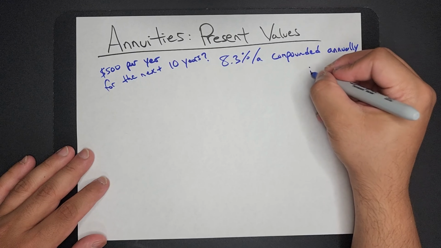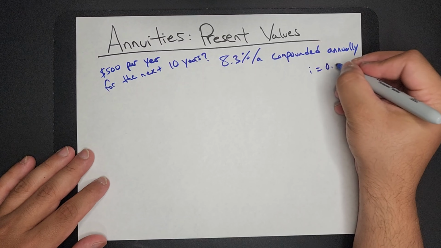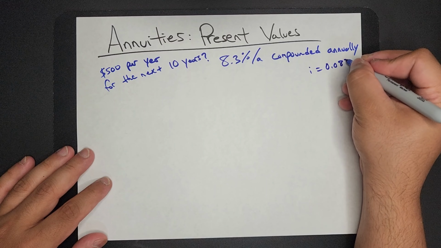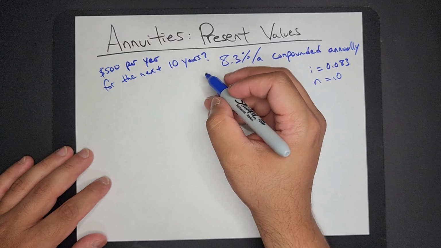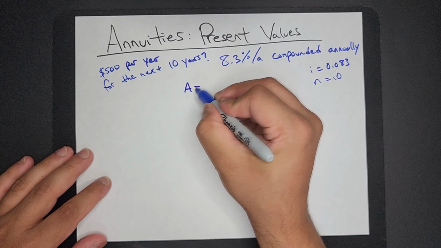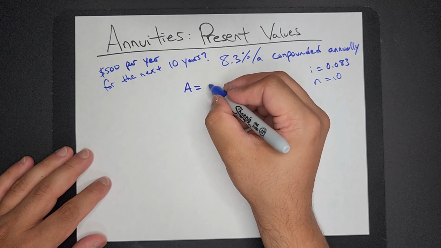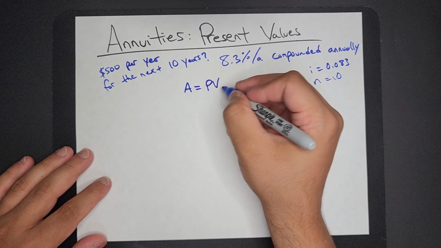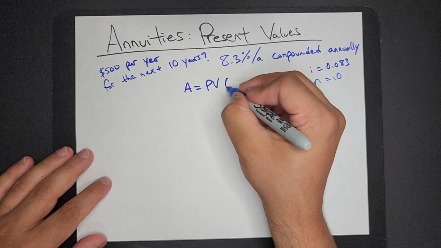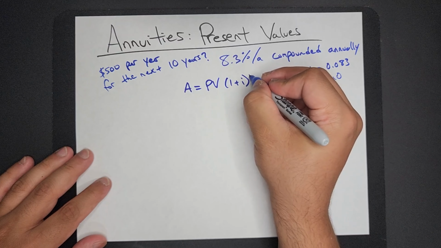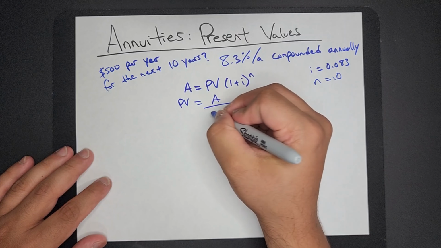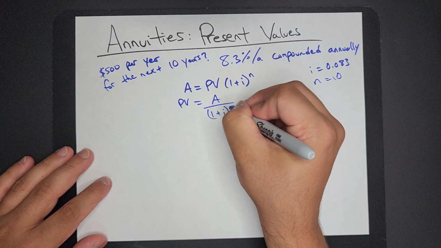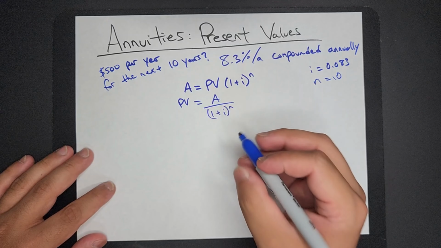I've got i equals 0.083 and n equals 10. So you can just pull up the formula: A is equal to PV, present value, times (1 plus i) to the power of n. So present value is equal to A over (1 plus i) to the power of n.